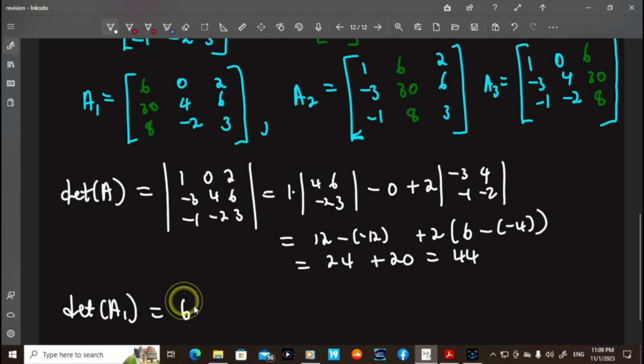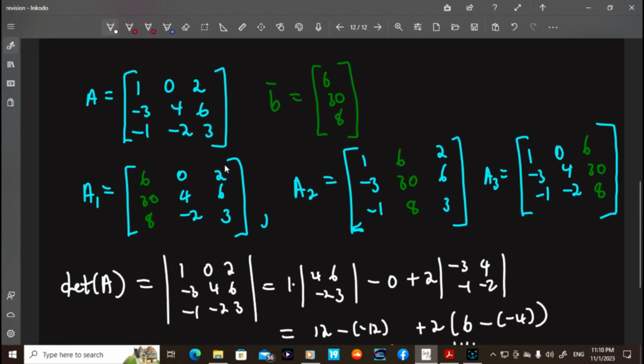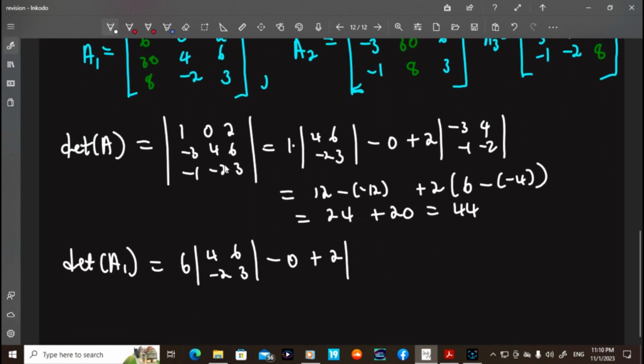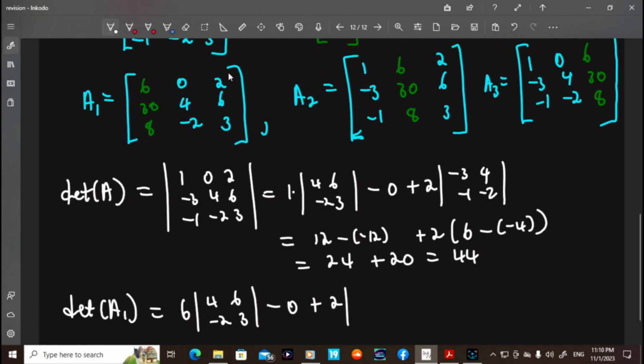So we say 6, and then taking 6, we block this column and row, so we have 4, 6, -2 and 3, minus 0, plus 2, and then we block this column and that row, so here we would have 30, 4 and 8, -2.